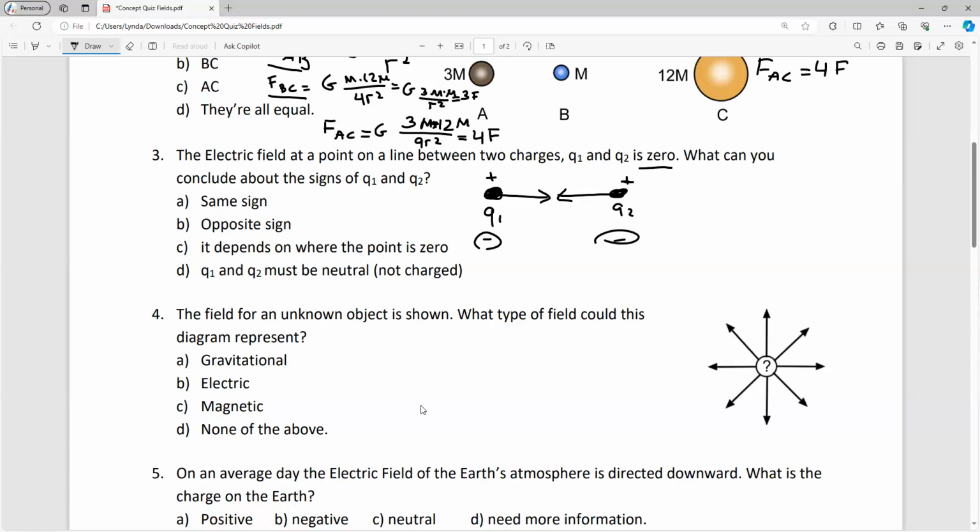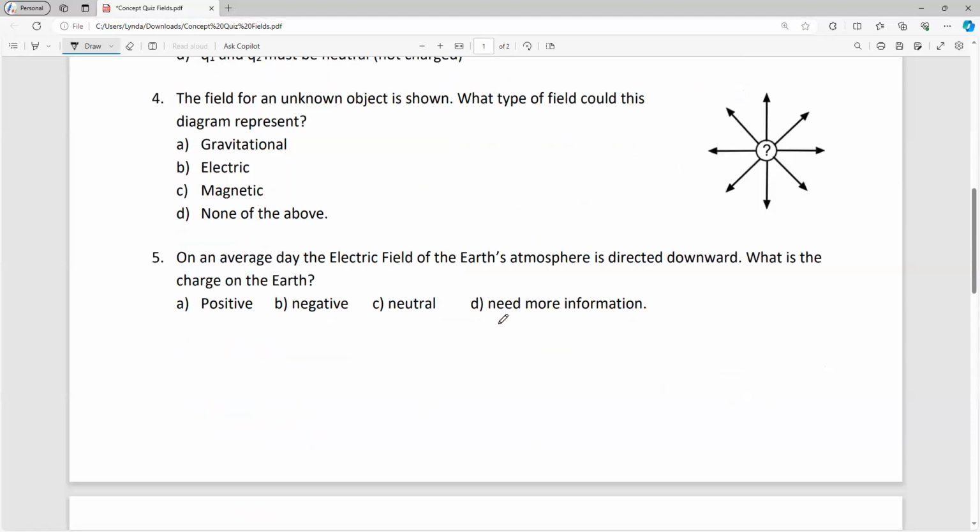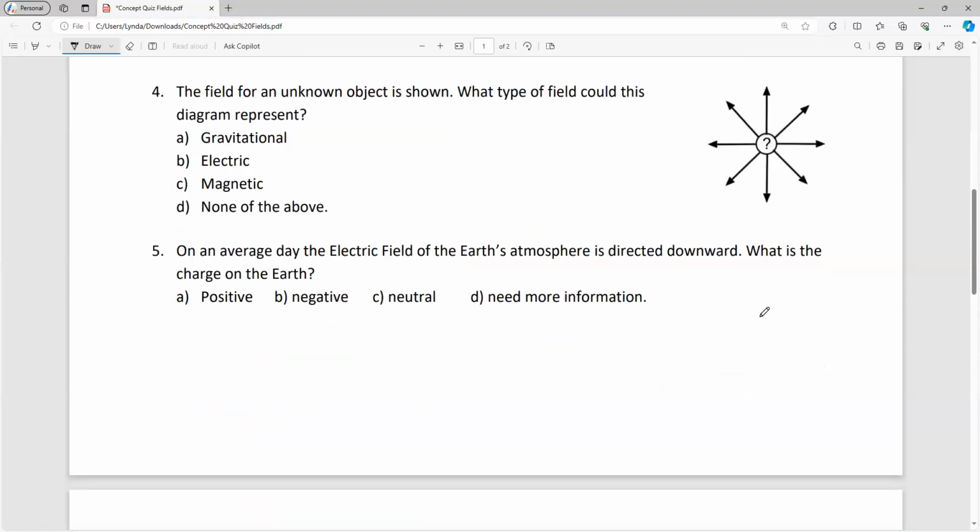Okay, number 4, the field for an unknown object is shown. What type of field could this diagram represent? Okay, so field lines are going out.